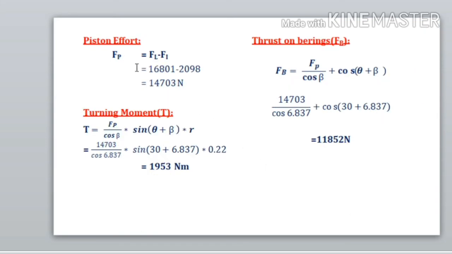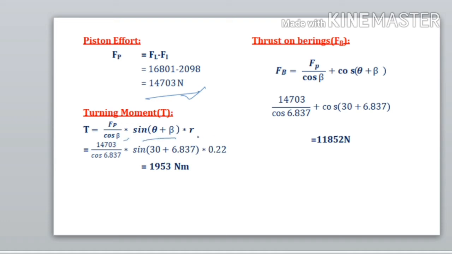Now piston effort, we know that FL minus FI. So FL was 16,801 and FI is 2092. So final answer is 14,703 Newton.